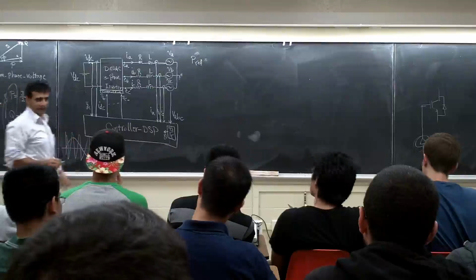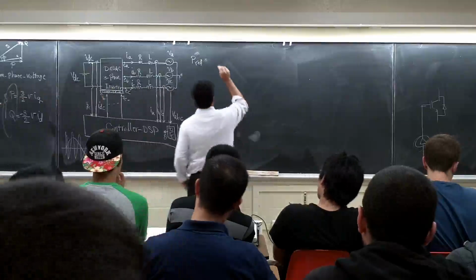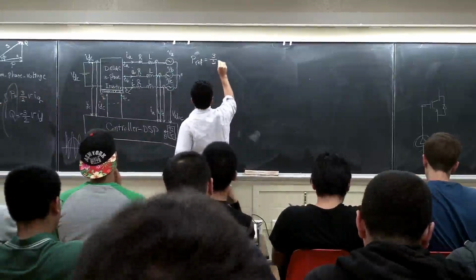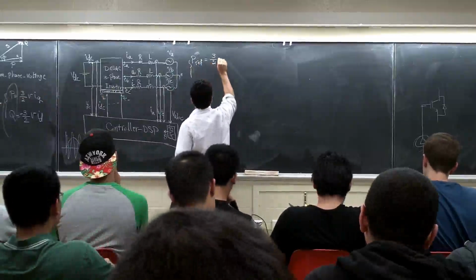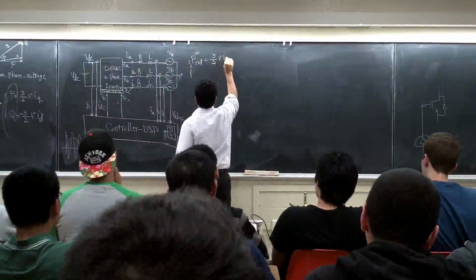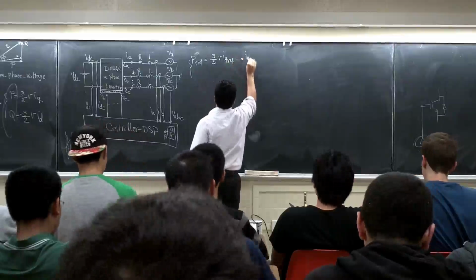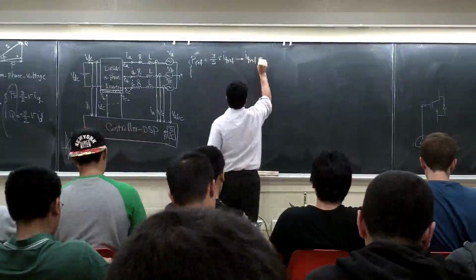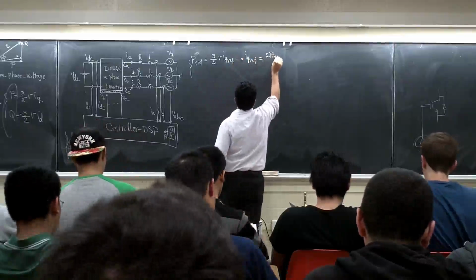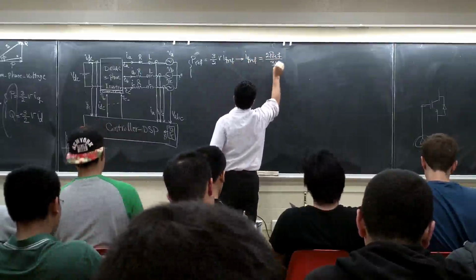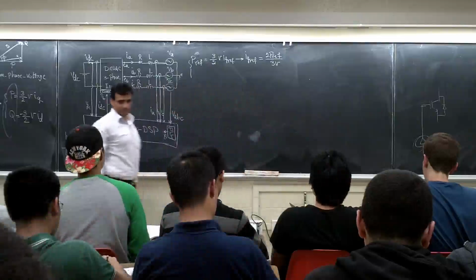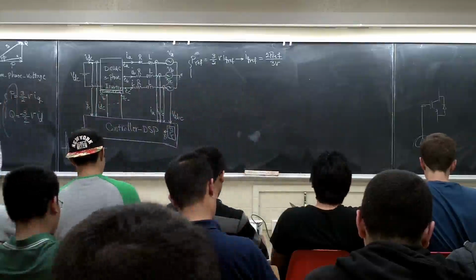It's 3/2 V IQ ref, right? Or I can say IQ ref is 2 P ref over 3V, right? Correct?